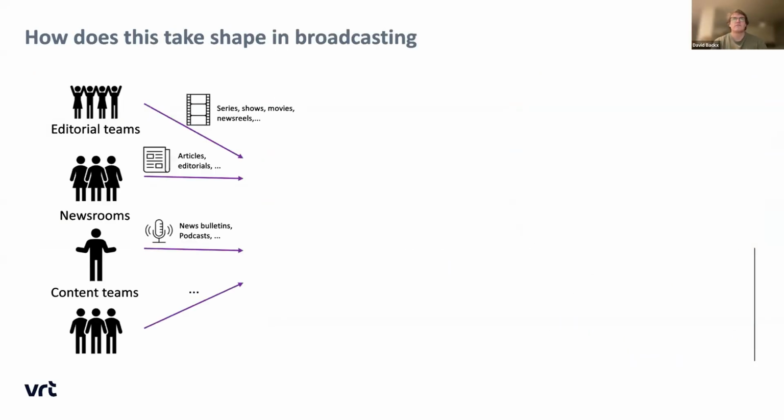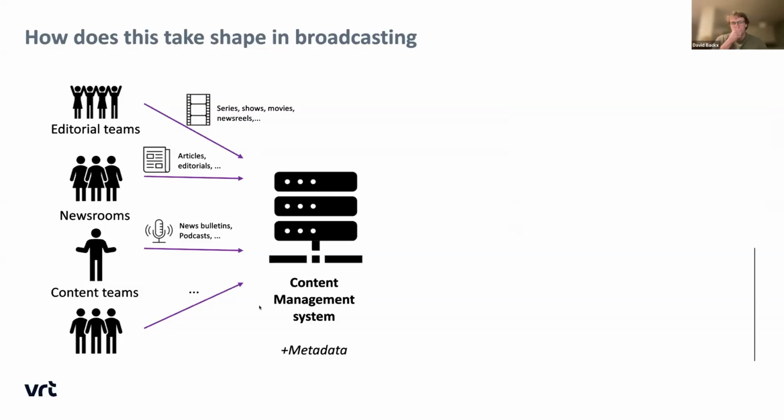So how does this take shape in broadcasting? We have a lot of different teams who have all kinds of different data. Think about series, shows, movies, articles, but also podcasts. So we're already working with a lot of different data.